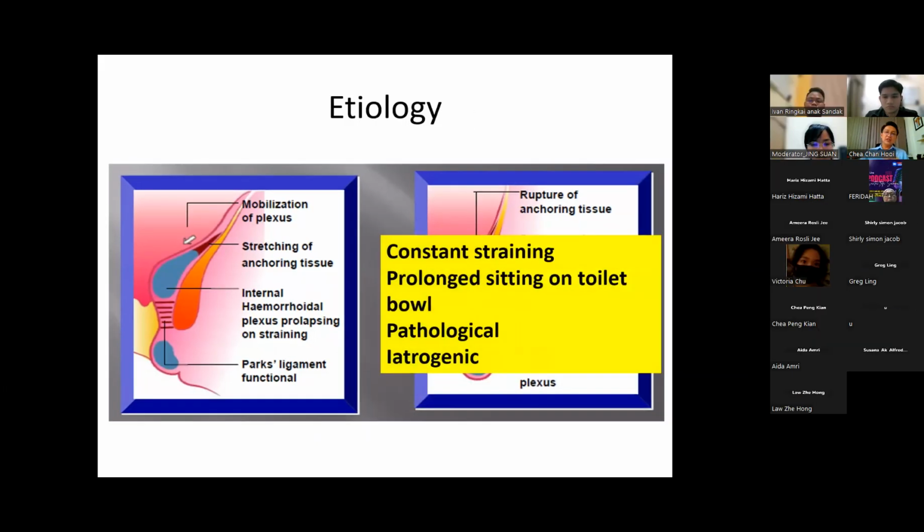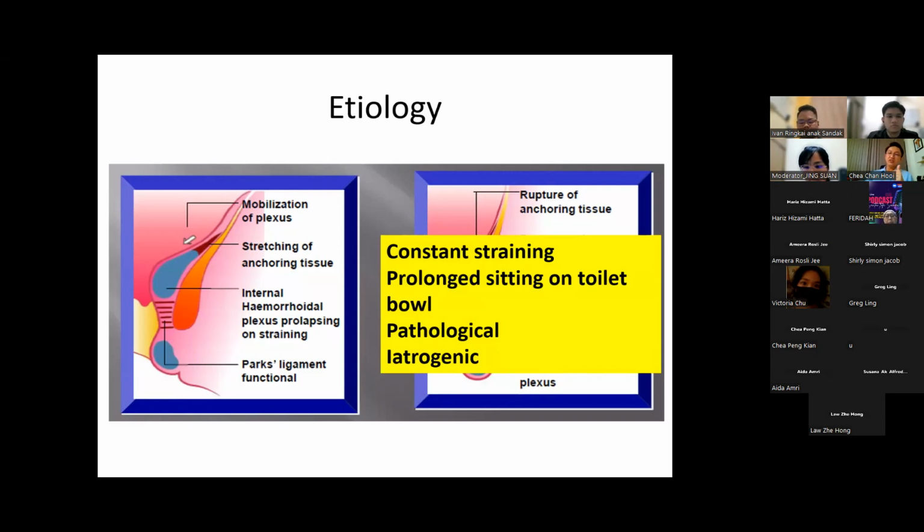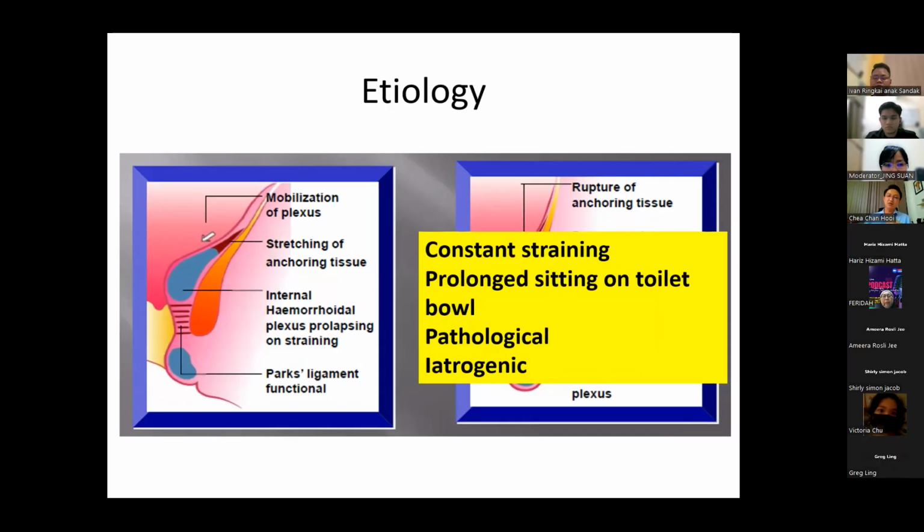In essence, we tell our patients we can distinguish the etiology by patients constantly straining on the toilet, sitting on a toilet bowl for prolonged periods, or it can be pathological in nature. For example, about 30% of hemorrhoidal disease in the elderly has a secondary etiology located superior to the hemorrhoids.